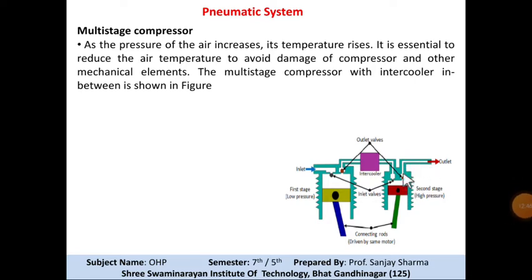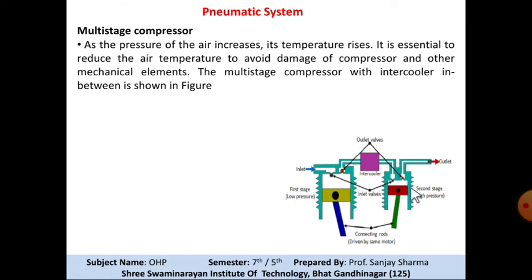So whatever the air is stored in the second stage, it is somewhat higher. So stage 1 is termed as the low pressure stage, and stage 2 is termed as the high pressure stage. What is the advantage of this?